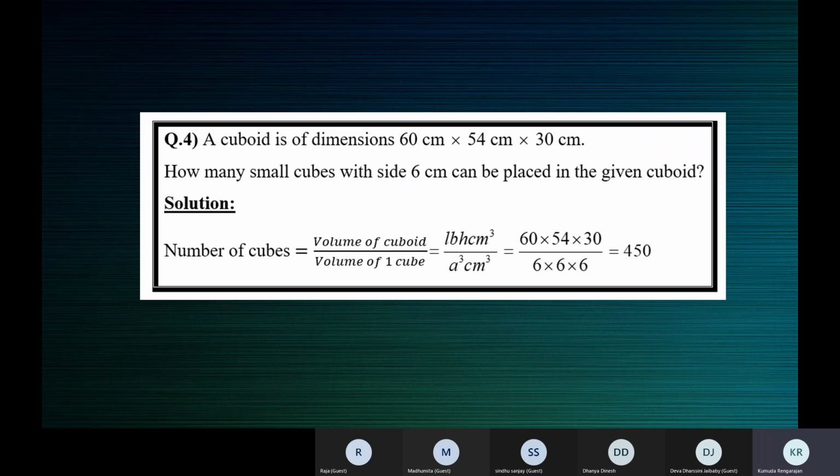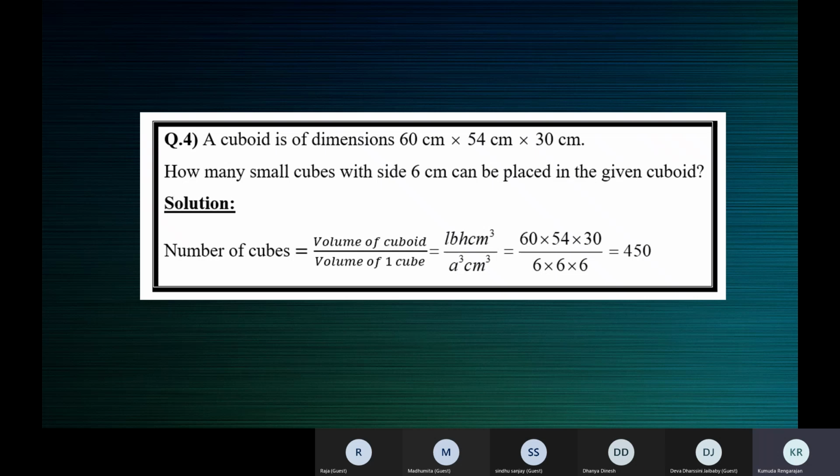All the values are in centimeter, so you don't have to change anything. Number of cubes is equal to volume of cuboid by volume of 1 cube. Volume of cuboid is LBH centimeter cube, by A cubed, because volume of 1 cube is A cubed.